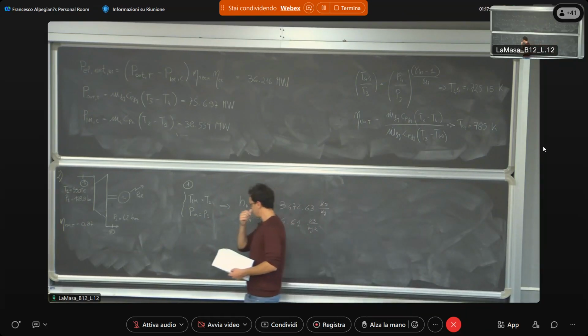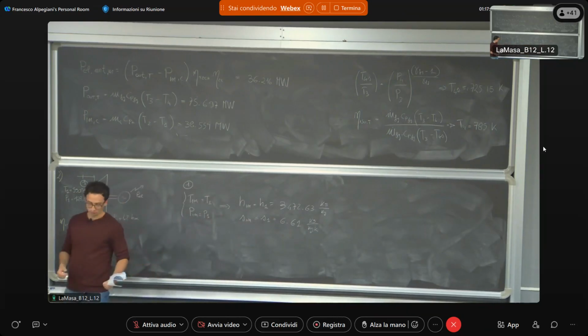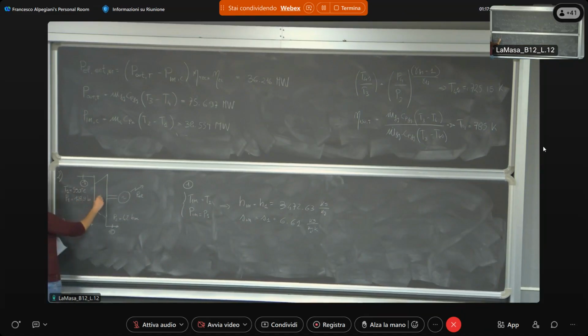Then, as we have done before, since we have the isentropic efficiency of the turbine, firstly we consider an isentropic expansion. Thanks to the definition of the isentropic expansion, we can derive all the other properties in point 2.